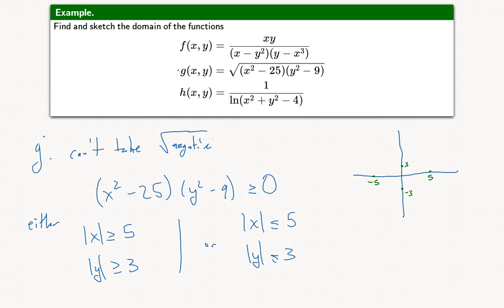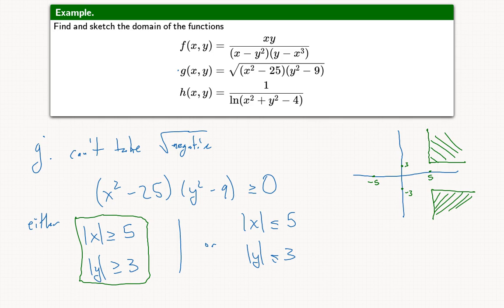So the first region, absolute value of x greater than or equal to 5, and absolute value of y greater than or equal to 3, will give us this, and this, and this.